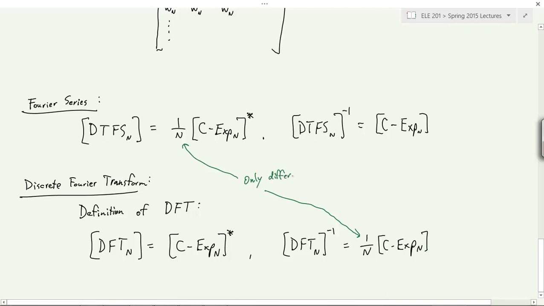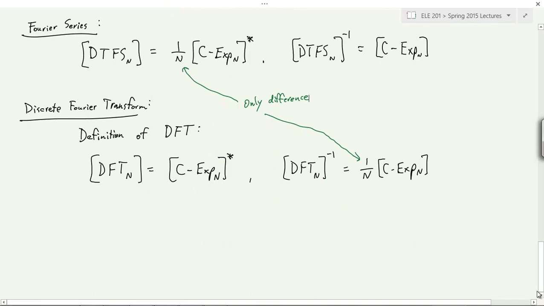If you saw how we first described the Fourier series, it makes sense to put the 1 over n on the analysis equation, because we want to think of the synthesis as the main part, getting back to x from our coefficients, and we put that in the simplest possible form, which means we don't have a 1 over n in the synthesis equation. But there are reasons to also want to do it the other way. It really doesn't matter which one gets the scaling constant. That is the only difference between these two transforms.